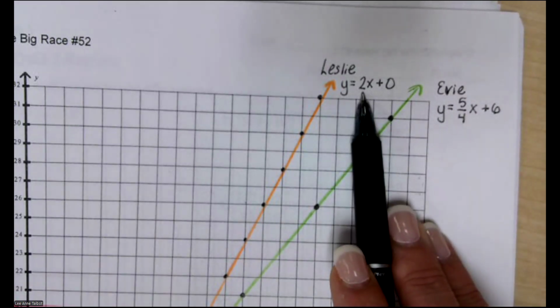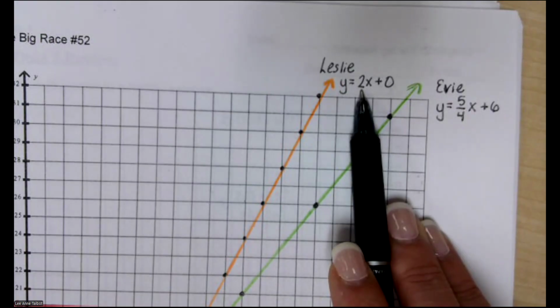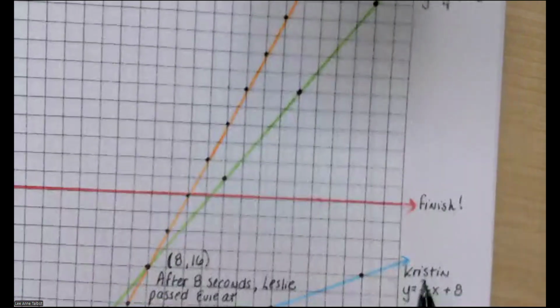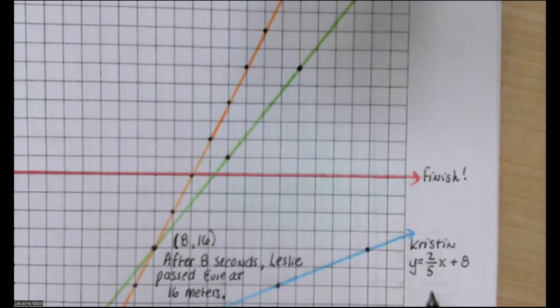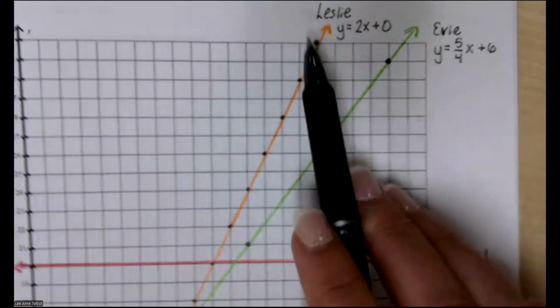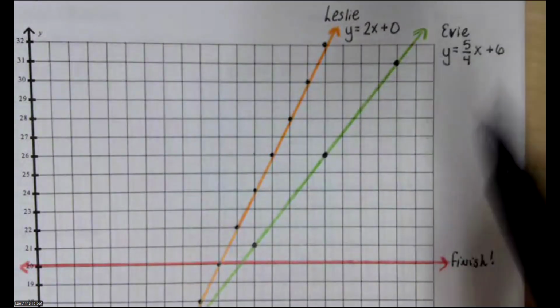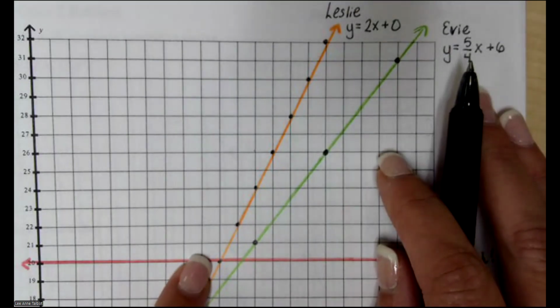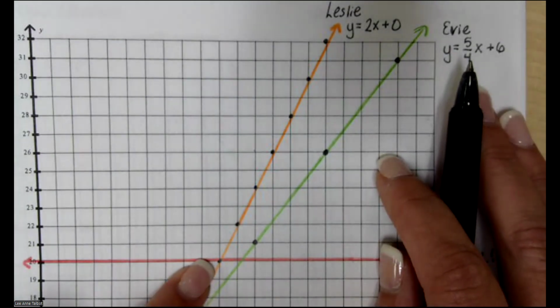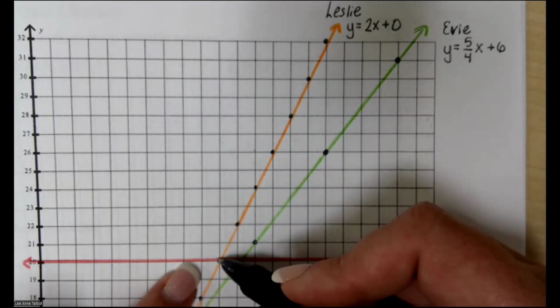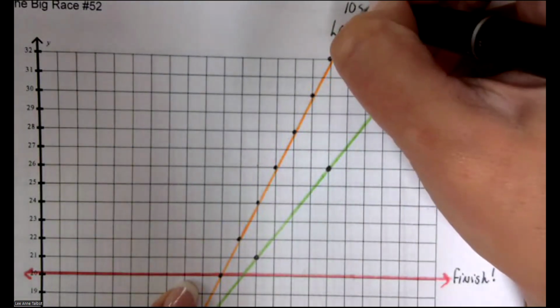What's faster? 2 meters every second, 5 meters every 4 seconds, or 2 meters every 5 seconds? 2x, right. So this is the steepest because it's the biggest slope. How long did it take her to win? Yep, she won in 10 seconds.